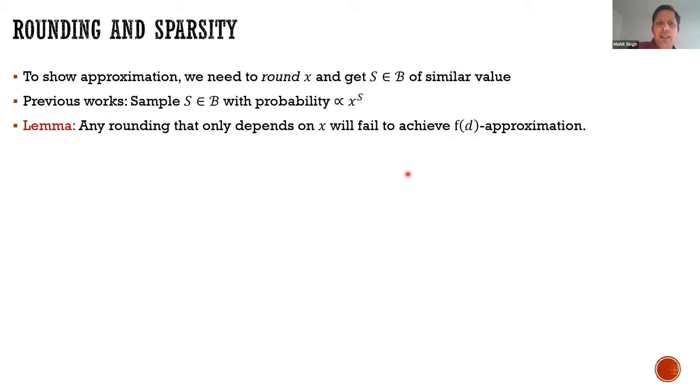What we want to show is actually some sparsity property. Let me briefly tell you what that is. It turns out you cannot directly round the solution to this, and we actually show that if you just directly round this convex program, you will fail to achieve any approximation which only depends on the dimension. Okay, which is also done in all previous works.